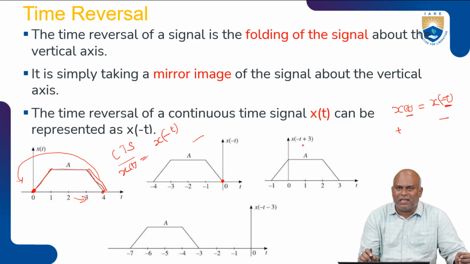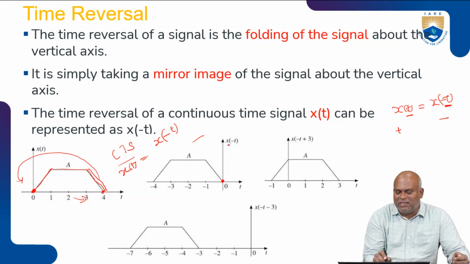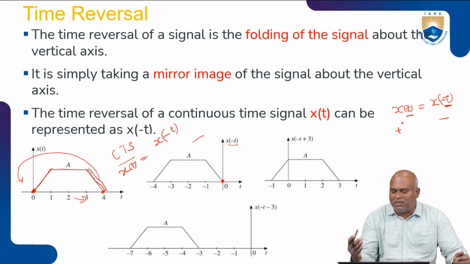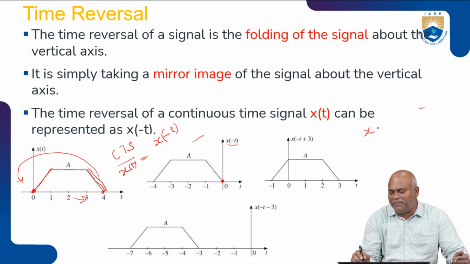At the same time, time reversal is also possible together with time shifting. Here this is x of t. I am going to shift it by plus 3 position. So how will we do it? See, x of t I made into the time reversal as x of minus t.